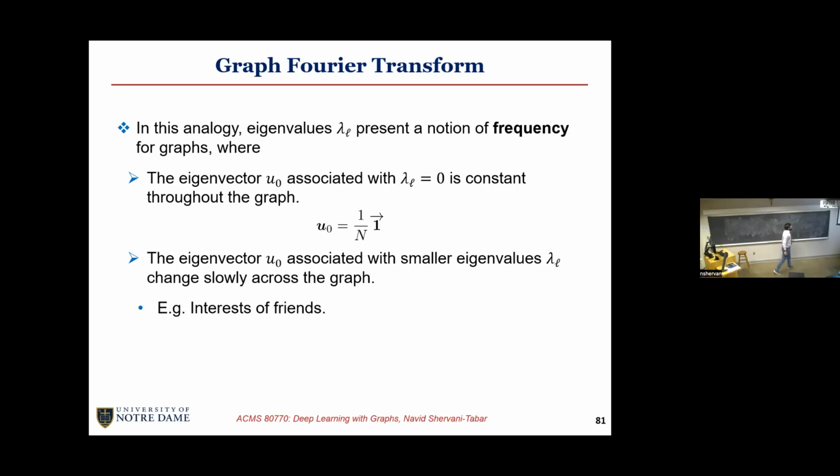But the idea is that this should be u_l in the second line, right? So the eigenvector u_l associated with eigenvalue lambda_l should change slowly from one node to the other.